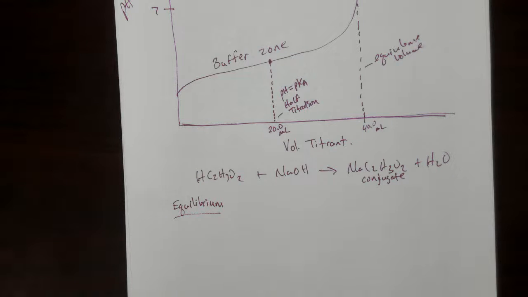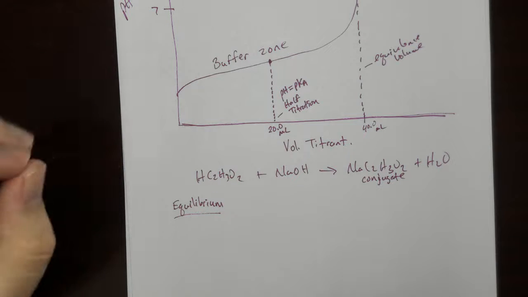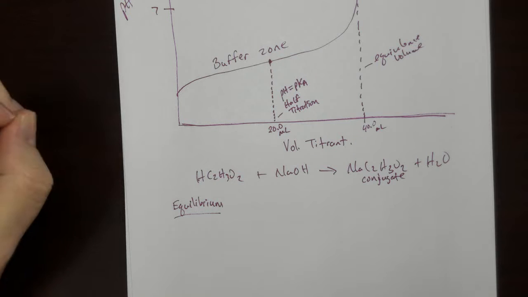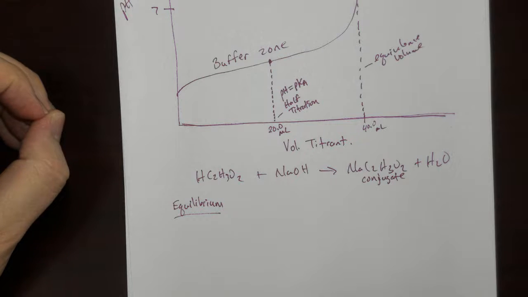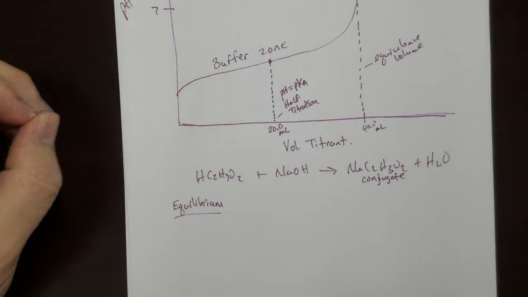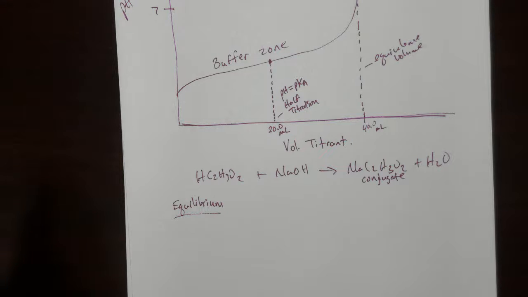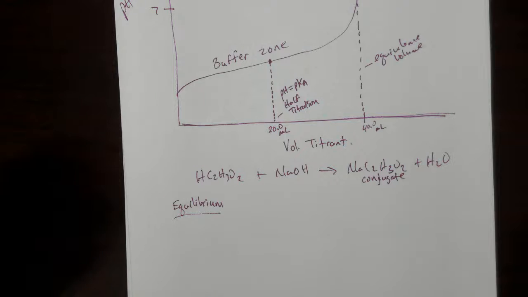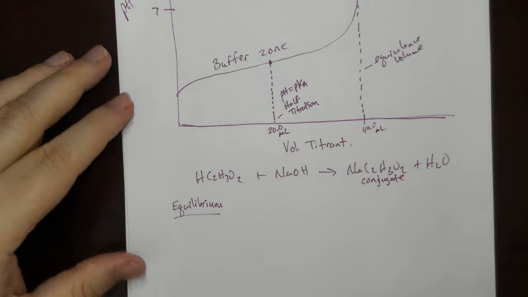So only because we are dealing with a weak electrolyte do we even have to consider equilibrium. If this were HCl and NaOH, both were strong, this titration is strictly a stoichiometry problem. That's it. That's all it is. But only because the analyte is weak are we going to have equilibrium.